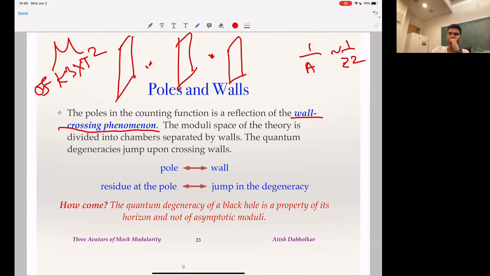The moduli space of the theory is divided into chambers separated by walls. And what one can show, and now this is completely understood, is that we can associate a pole in the Z plane with a wall in the mu plane. So mu is the moduli space. And in fact, mu depends on Z in a particular way, or the other way around, Z depends on mu in a particular way.